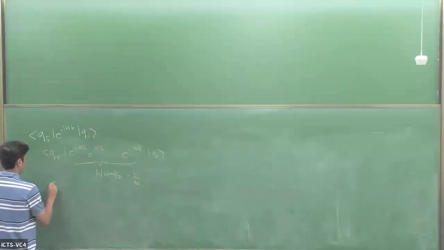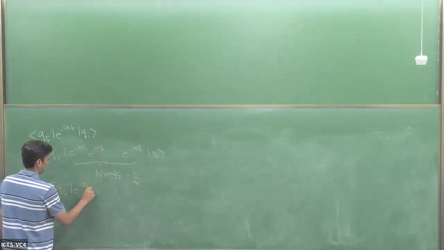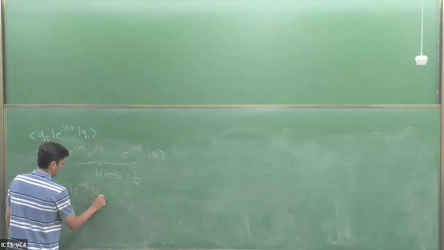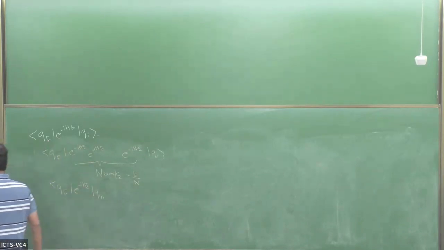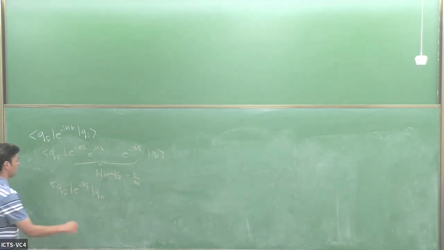So you can write this as qf e to the minus iH epsilon, and let's see what notation I used. Anyway, doesn't matter.